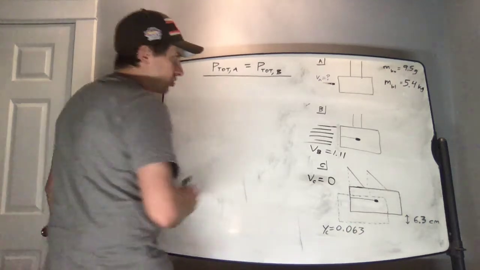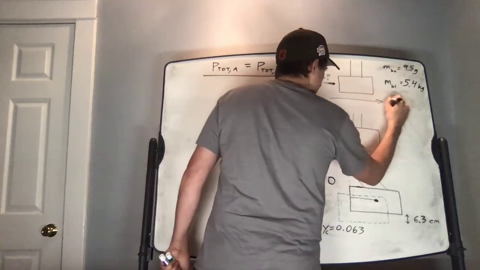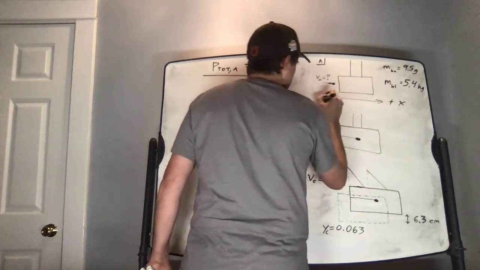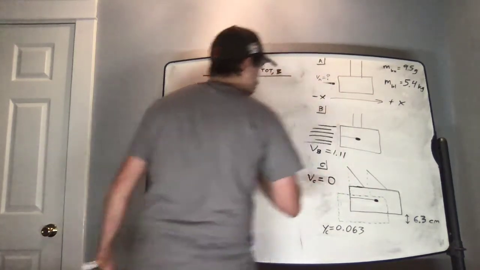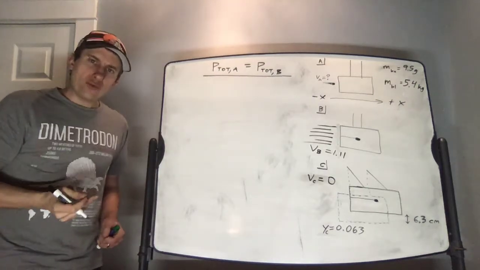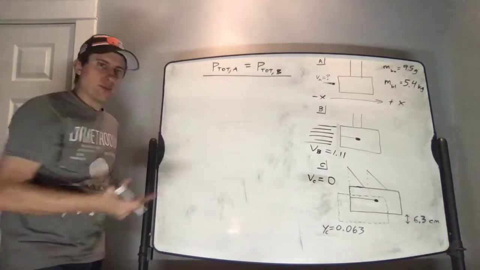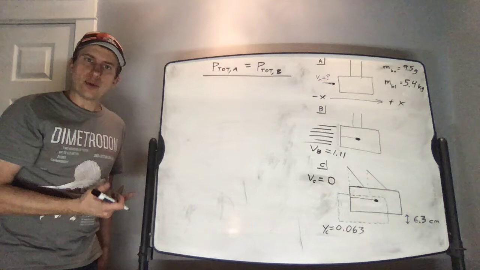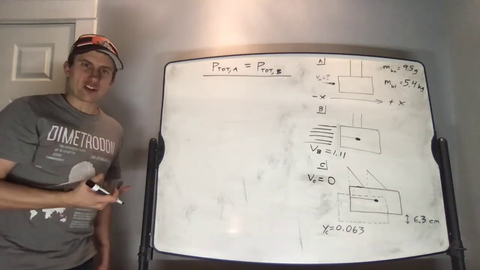So I am going to choose to the right as the positive x direction, to the left as the negative x direction. When we say total momentum at moment A, we mean the momentum of every object in our system.